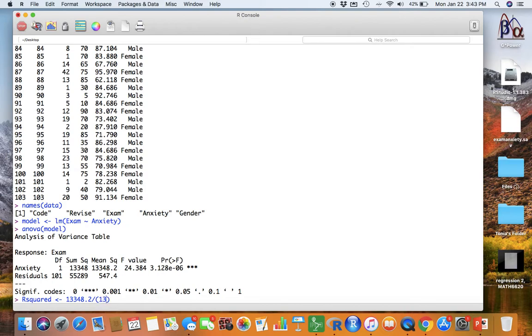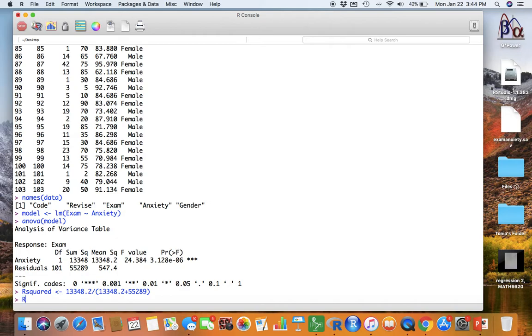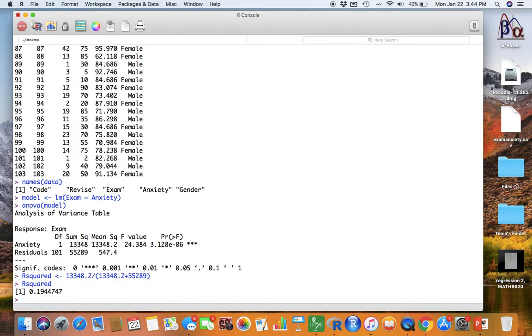To get that, I have to add 13,348.2 plus the sum of squares for the error, which is the same thing as the sum of squares for the residuals, I'm sorry. So R squared is 19.4%. So we can say that 19.4% of the variation in exam can be explained by the regression on anxiety.